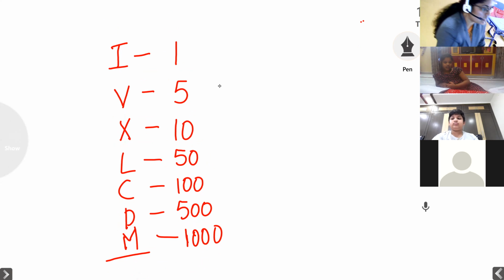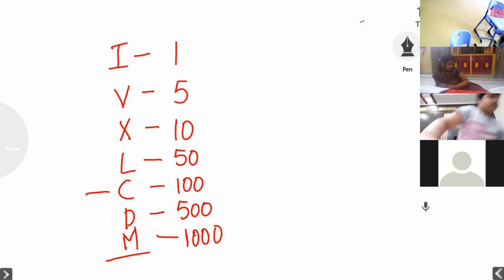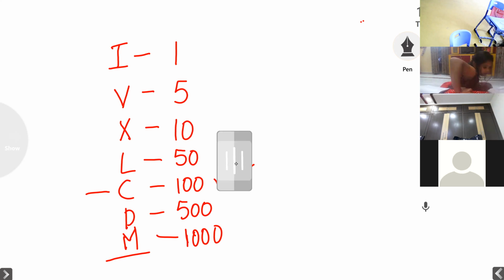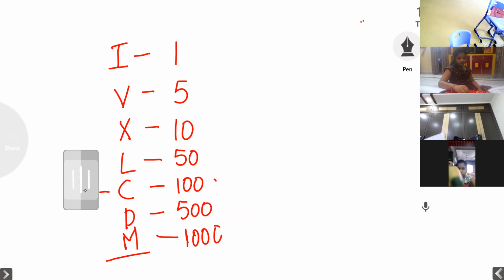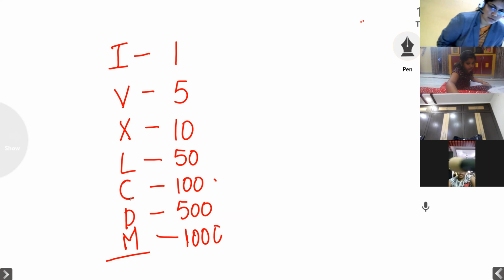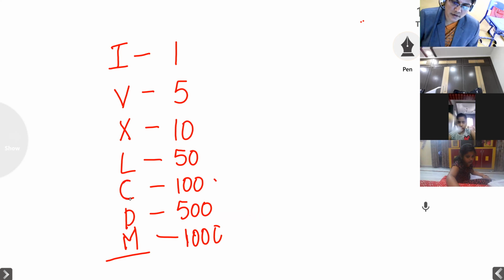Don't think that C is before alphabet order; they made it like that, so try to remember in this order only. C is 100, D is 500, and M is 1000. Tomorrow I'm going to ask you these values.